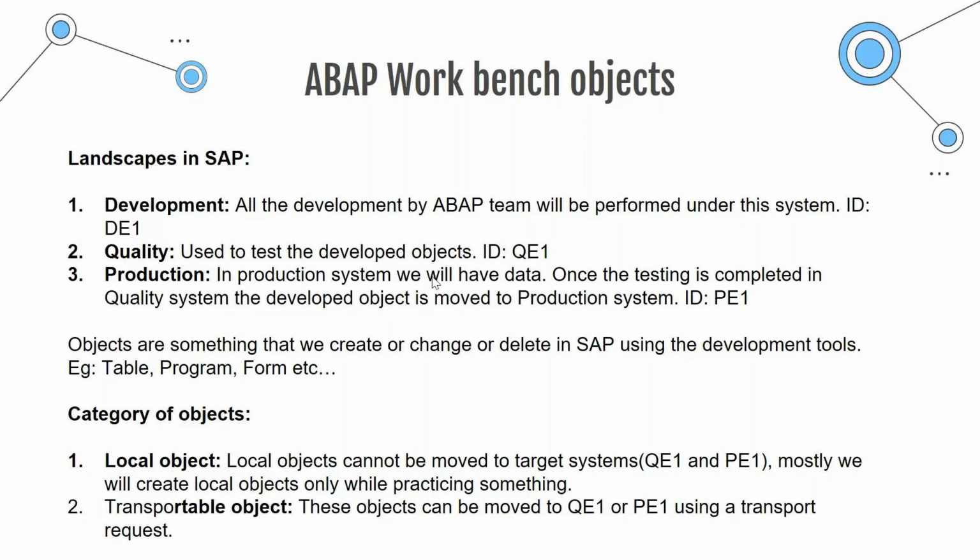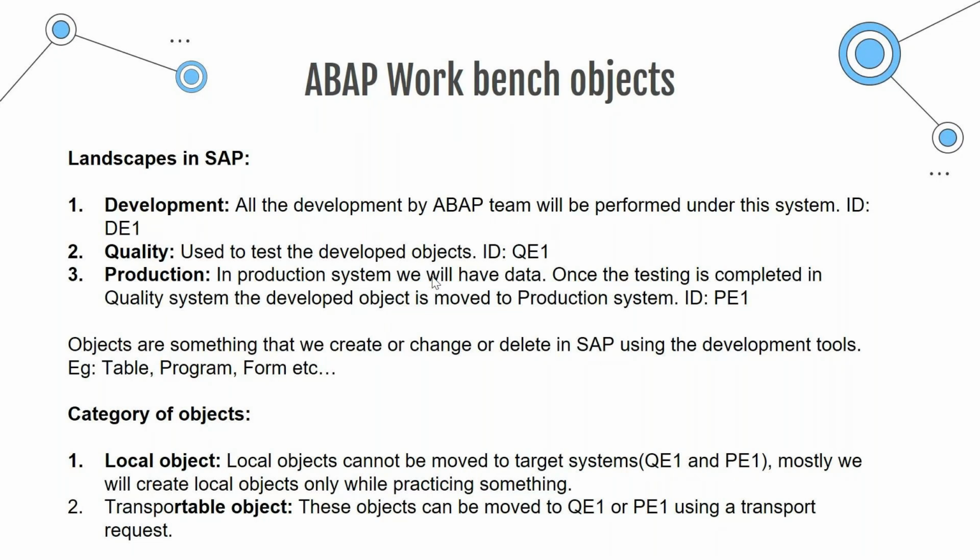So local objects are meant to be practice objects. If you want to practice anything, you can create those things in your local object. If not, always create a transportable object. A transportable object is something that can be transported to quality or production system from development system.